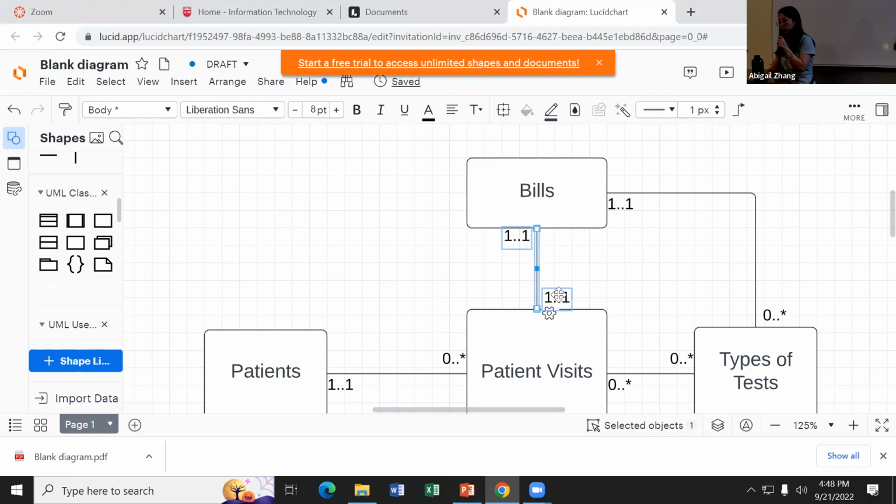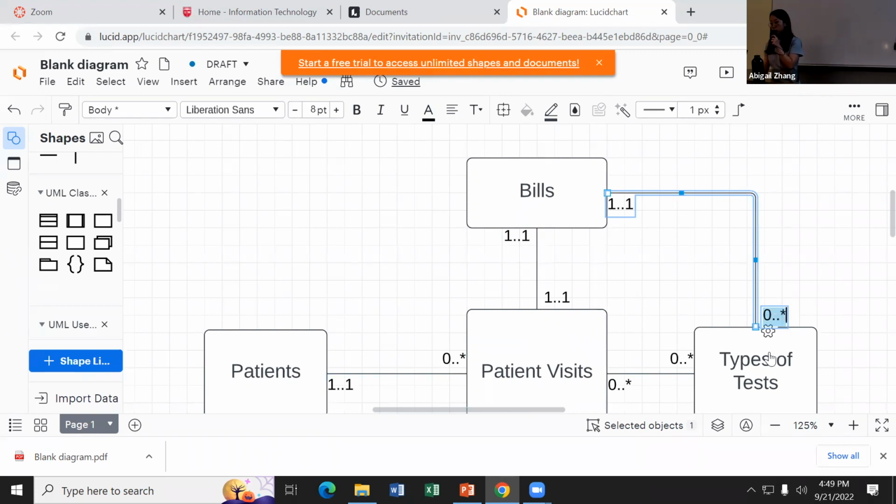And now on the patient visit side, one bill is associated with one patient visit. I think that also makes sense. This one-to-one relationship makes sense, bill and patient visit, right? Okay, so that's correct. And let's look at the relationship between bills and types of tests.